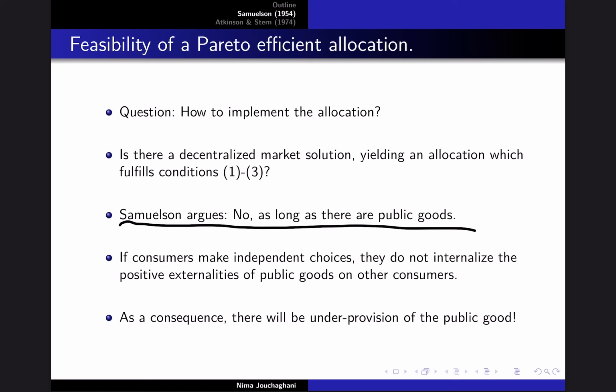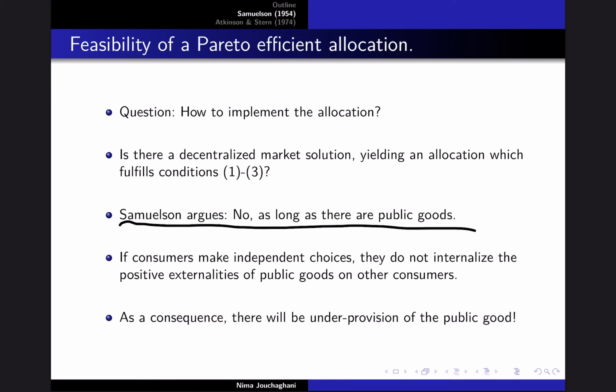The reason is that if consumers are making independent choices, in a decentralized solution, then they do not internalize the positive externalities of public goods on other consumers. Since public goods are non-excludable, a marginal increase of a public good increases the benefit for all the consumers, not only for one consumer.